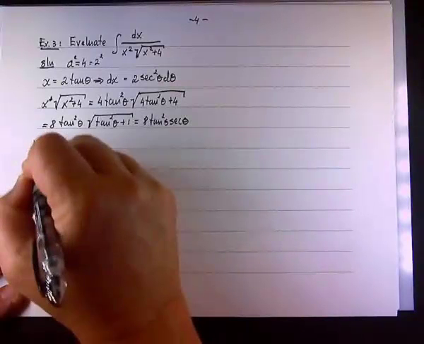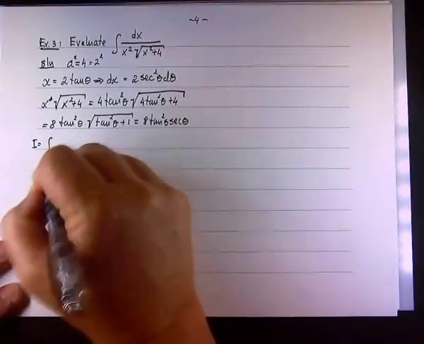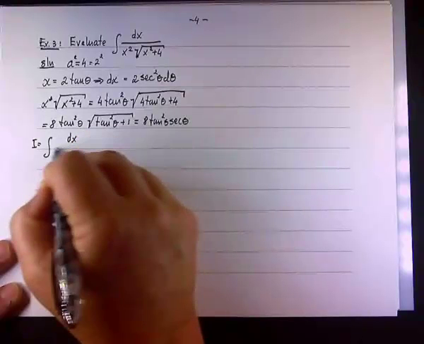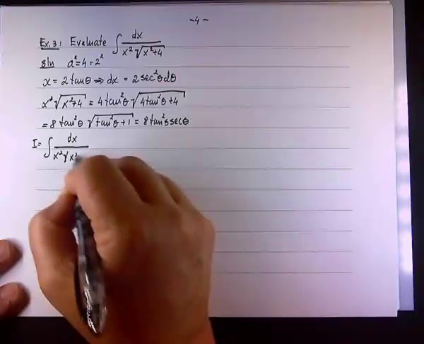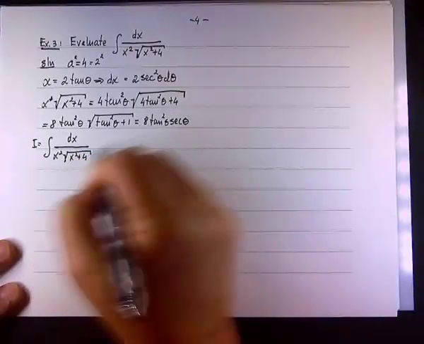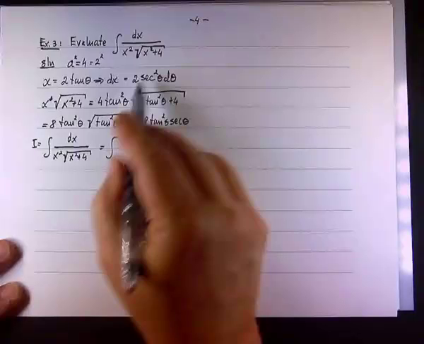Okay, so now time to incorporate the dx. So let's say I is the integral. We'll repeat it one time. We have dx over x squared, square root of x squared plus 4.